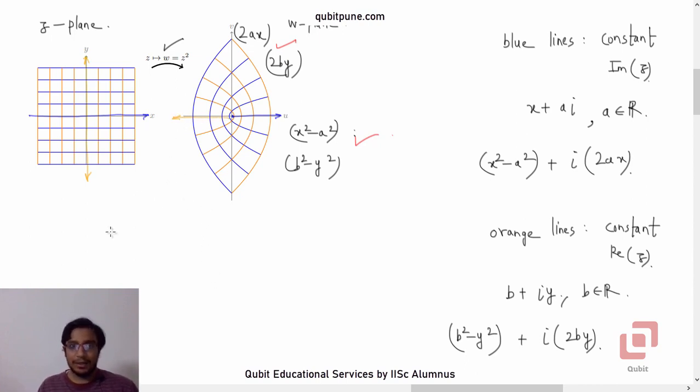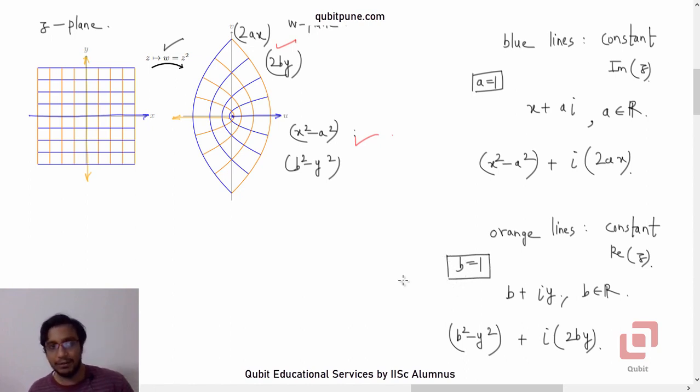Maybe you can take a as 1 and b as 1 and see what equations you get in the uv plane. That will give you some idea as far as the behavior of the function z squared is concerned.